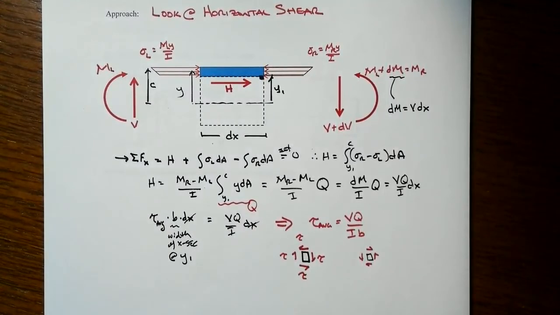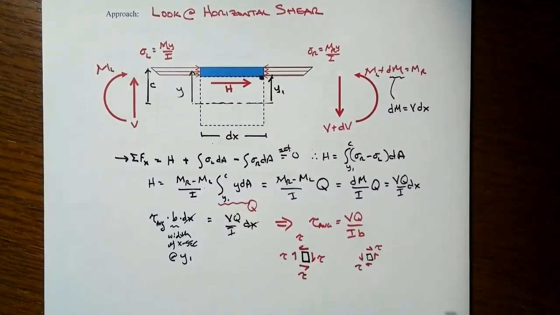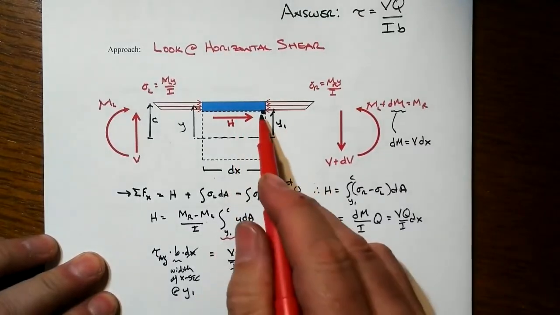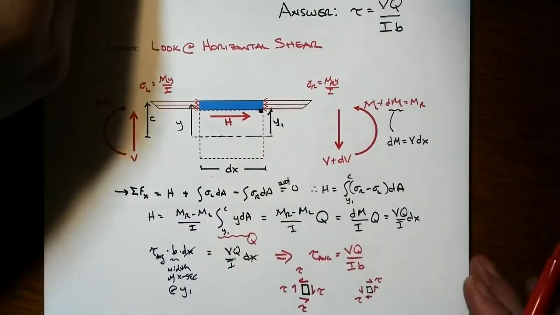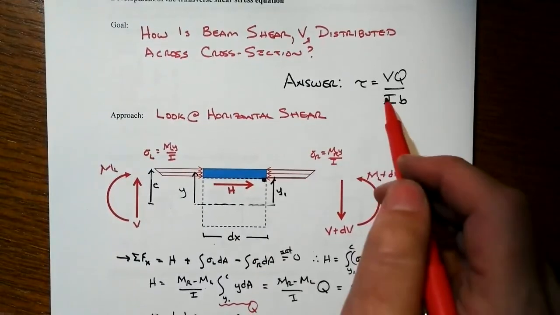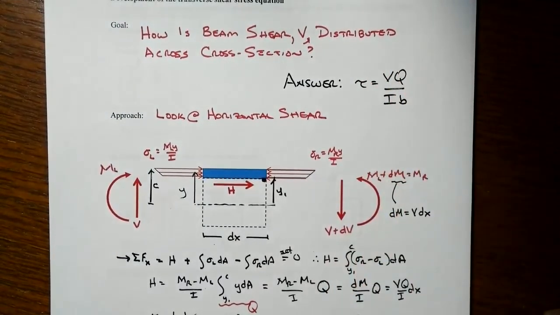It's weakest in that particular direction. We'll come back to that another time. But we have tau, tau, tau. So that's this little weird thing, this approach. We're going to look at the horizontal shear to get the vertical shear, which is what we really want. And because of that equilibrium of that tiny stress block, that all leads us to this as our variation of shear stress across the cross section. So there's more to that, and we'll look at that in some other companion videos.